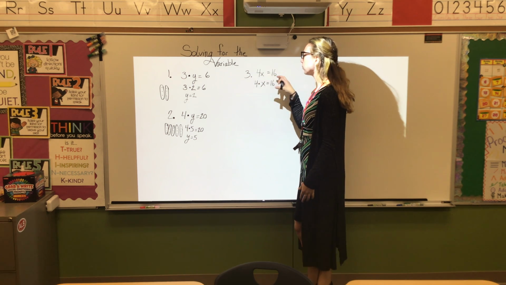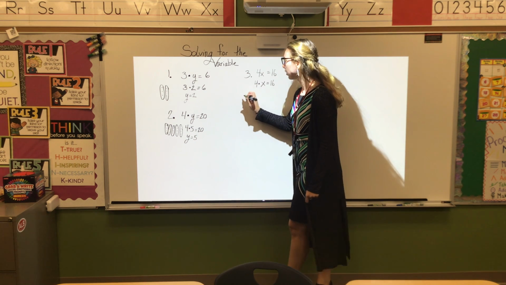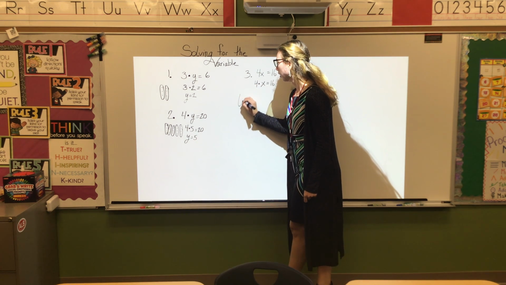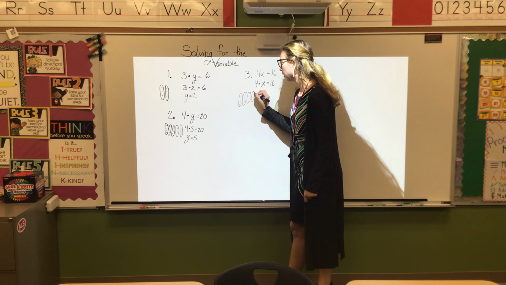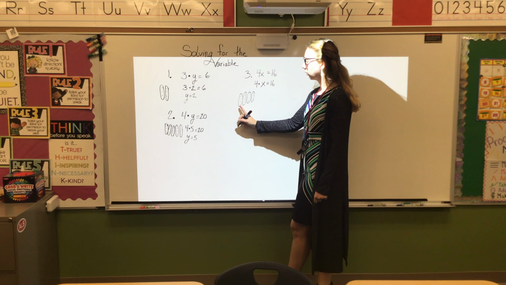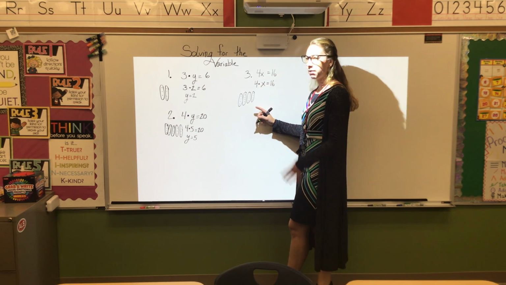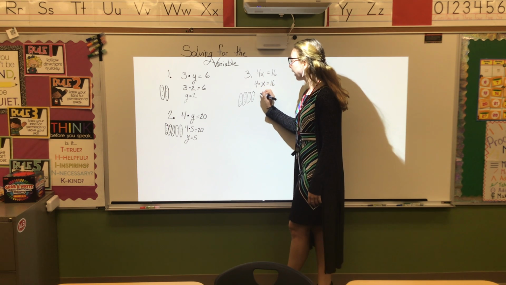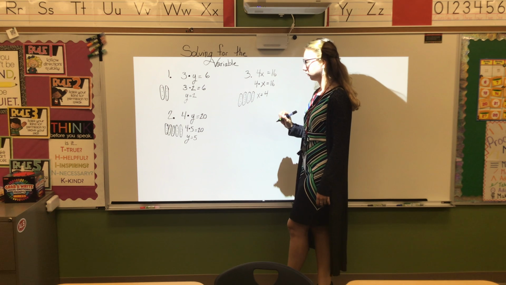So 4 times what equals 16? Well, we actually already did our 4, so let's do them again real quick. We can have 1, 2, 3, 4, 5, 6, 7, 8, 9, 10, 11, 12, 13, 14, 15, 16. How many groups got me to 16? 1, 2, 3, 4. 4 groups got me to 16, which means my x is equal to 4, right?